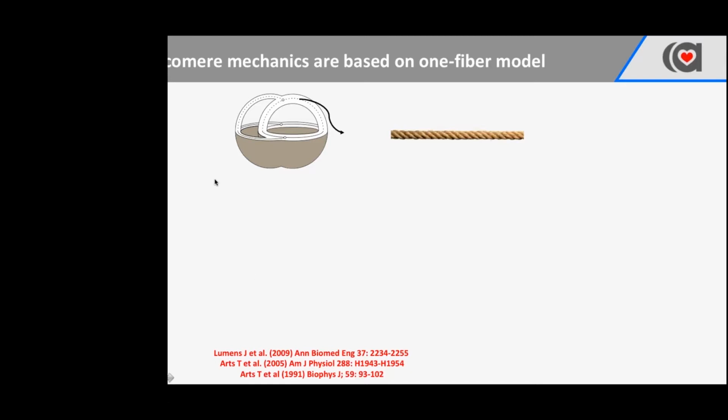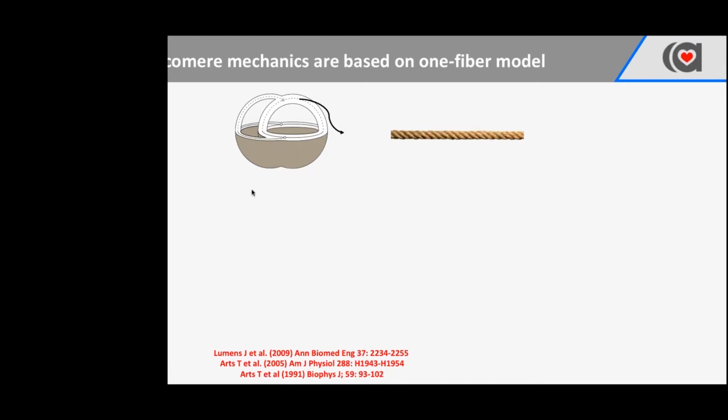And what we assume is that if you have a fiber and you wrap it around and around and around, then finally you can have a wall which consists of one fiber, and you can reduce the amount of mathematics and mechanics to only solve for that specific one fiber.